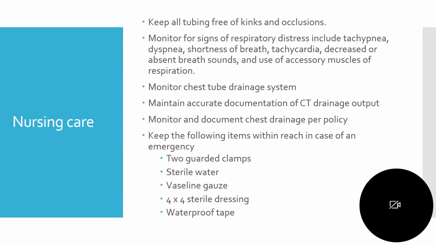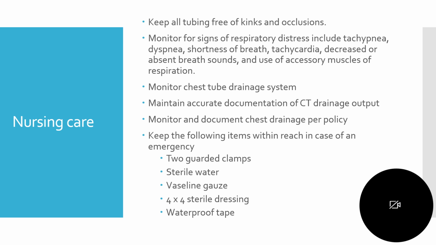Continuous nursing care for the chest tube means making sure that the chest tube is free of kinks and occlusion, meaning that there's nothing preventing the drainage of the air or the fluid that needs to come out.